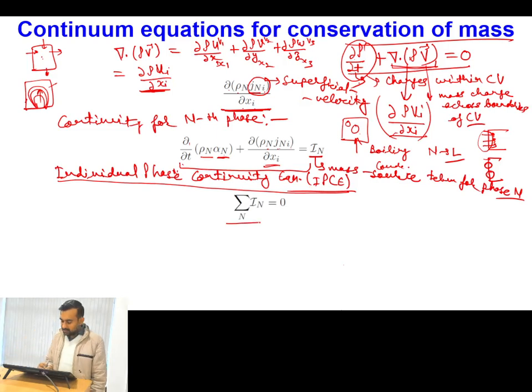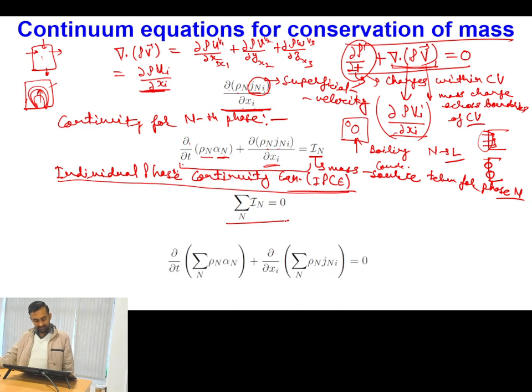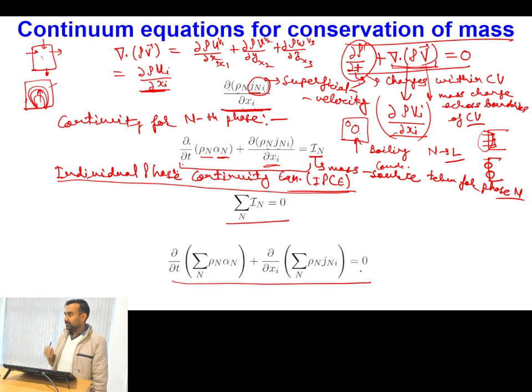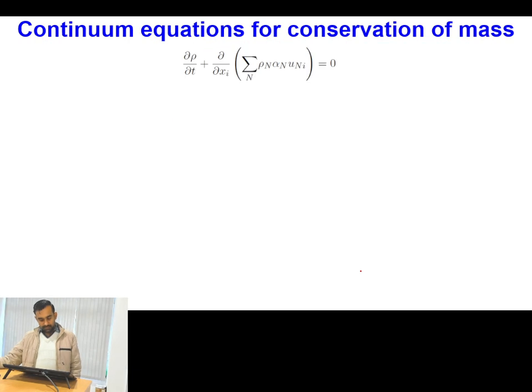This is the point I have explained over here, that ultimately the sum of all the source terms has to be equal to 0. And likewise, if I do the summation of this continuity equation, then this will be my equation.